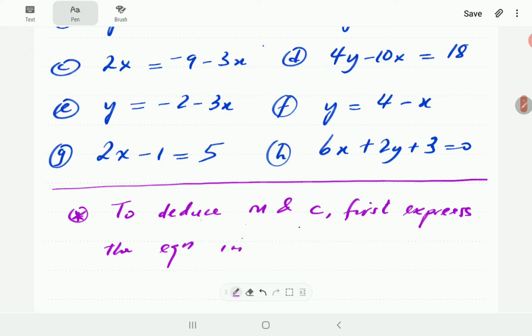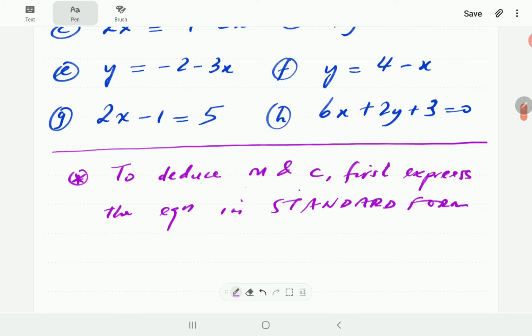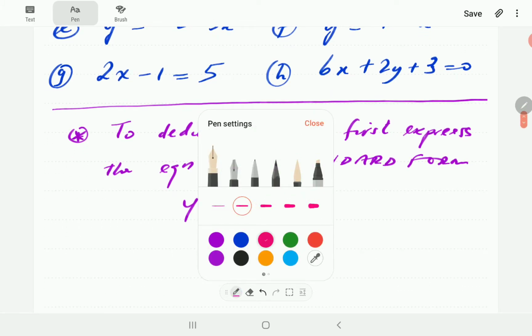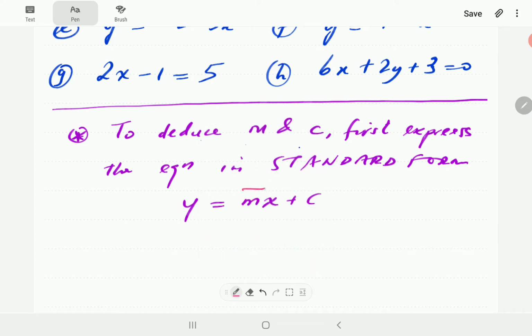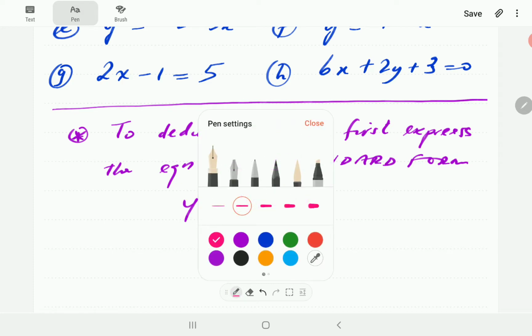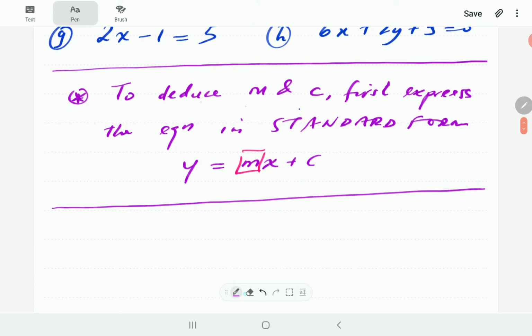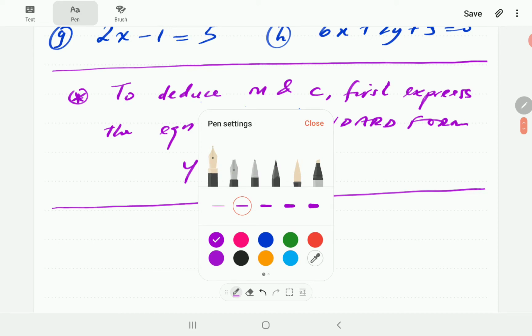You're going to recall that the standard form is the form where y is the subject of the formula and everything else is on the other side. Once you've got it in this form, then the coefficient of x is always the gradient, and the constant is the y-intercept.